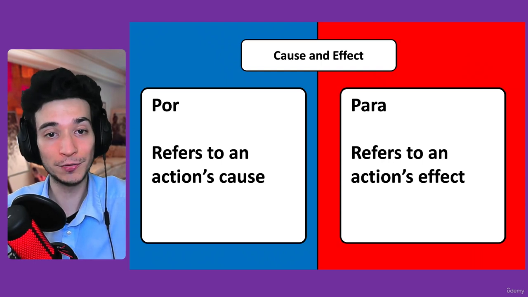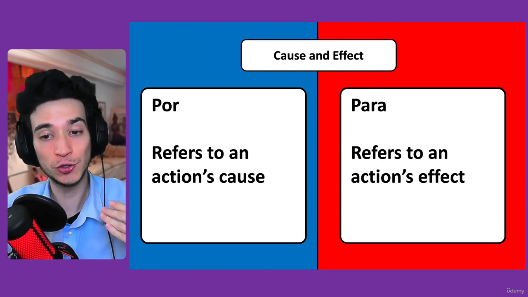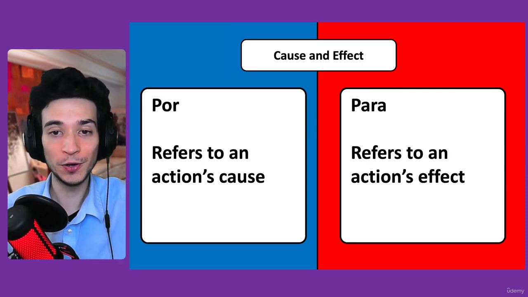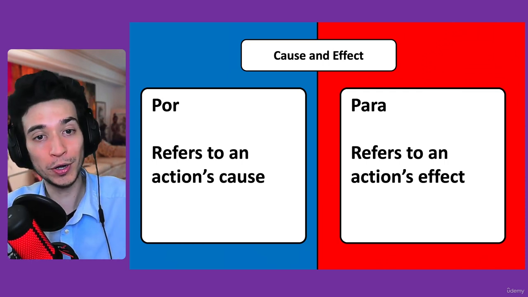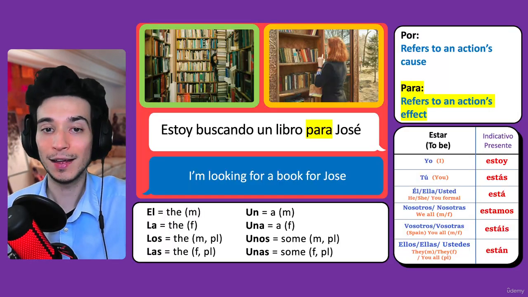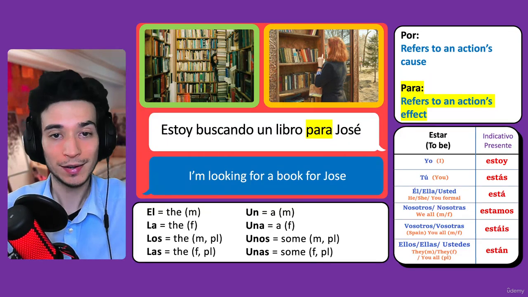Okay, so the first one. Por refers to an action's cause, and para refers to an action's effect. So por is the cause, para is the effect. And let's try one example. Number one.